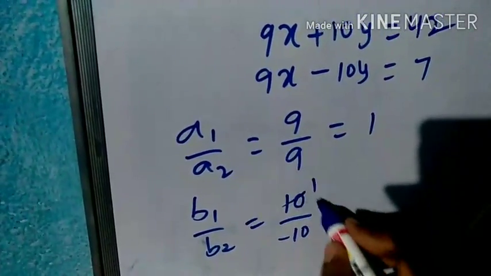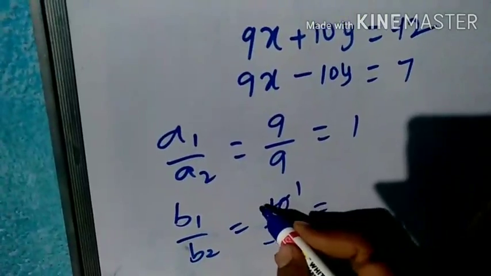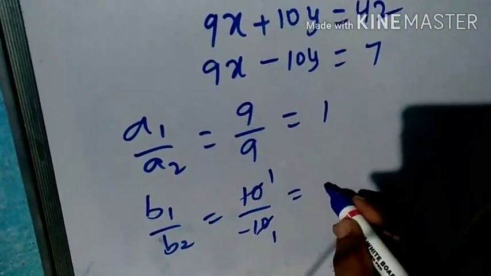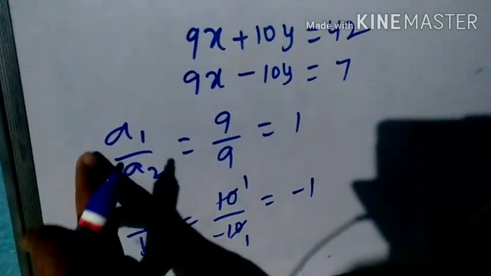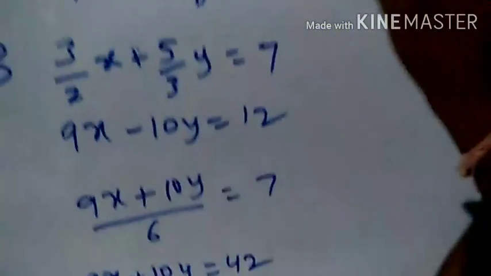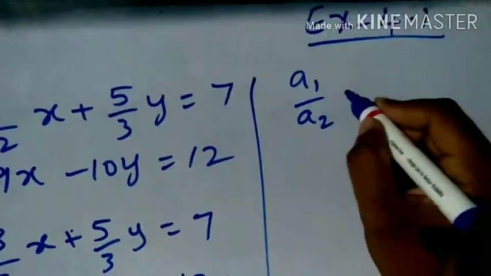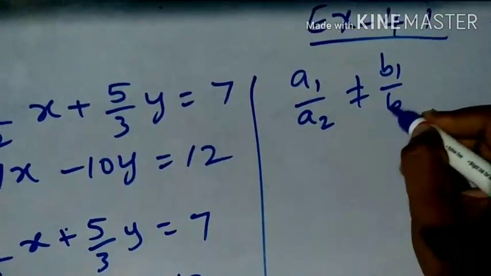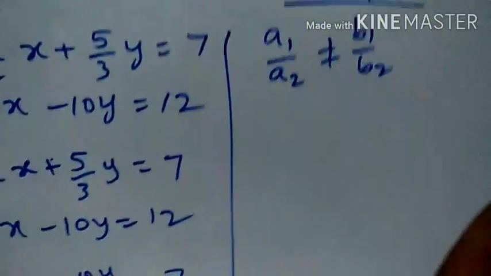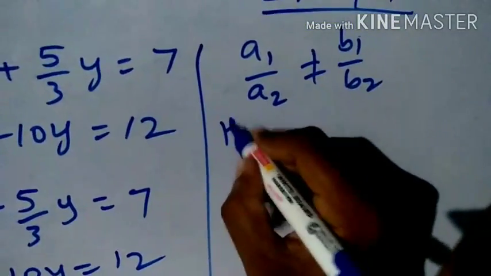The denominator minus 1 moves to the numerator, so it is minus 1. Observe here, a1 by a2 is not equal to b1 by b2.